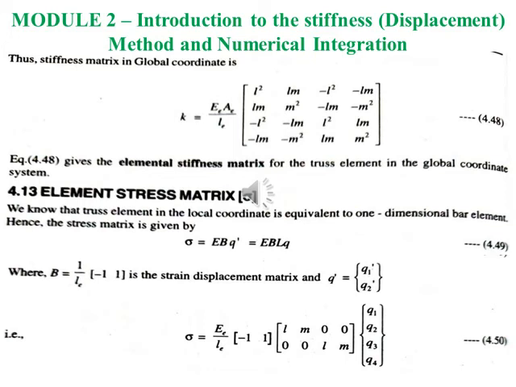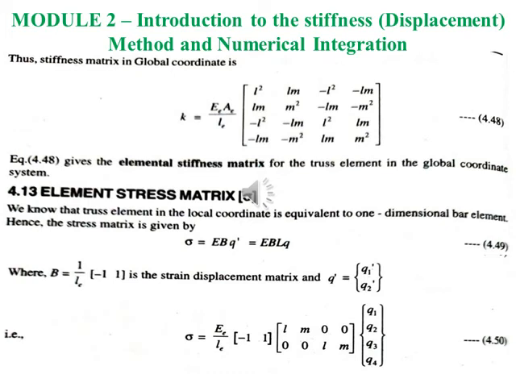So if we are considering the elemental stress matrix, we know that the truss element in the local coordinate system is equal to a one-dimensional bar element. Hence the stress matrix is given by sigma is equal to E B Q dash, or E B L Q, where B is nothing but 1 by L^e [-1 1]. It is the strain displacement matrix, and Q dash is equal to [Q1 dash, Q2 dash].